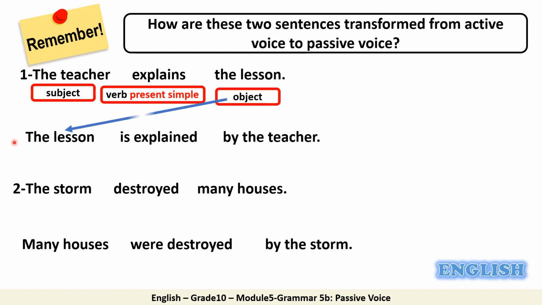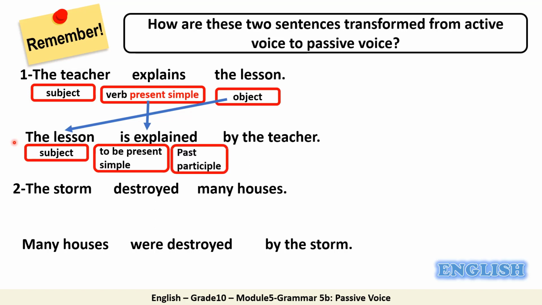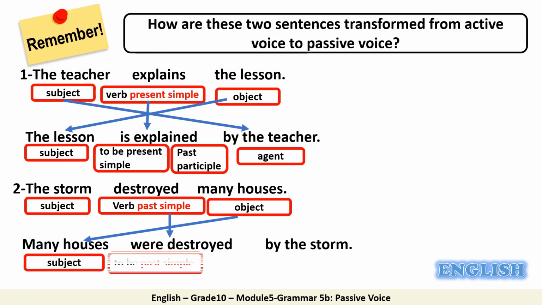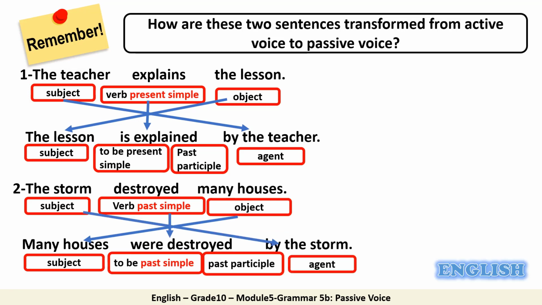In the passive voice, the object takes the place of the subject, and the verb to be is used plus the past participle of the verb. Then I have the subject in the place of the agent. Also, in the second example, I follow the same steps and I put the sentence in the passive voice.